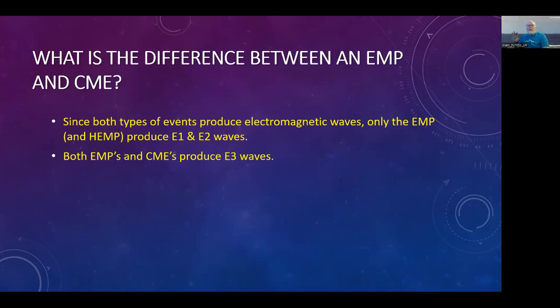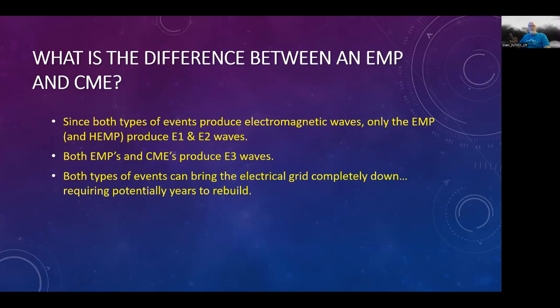So that is the common wave type between both of them. That's why we're talking about them, because the E3 wave can cause havoc. As a matter of fact, both types of events can bring the electrical grid completely down, possibly requiring years to rebuild.